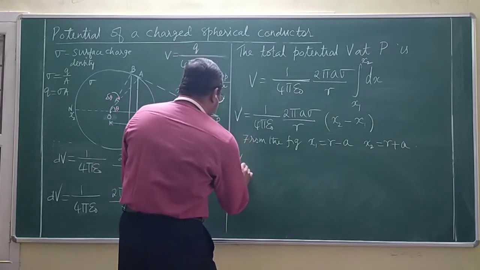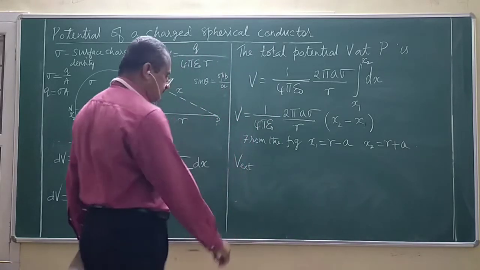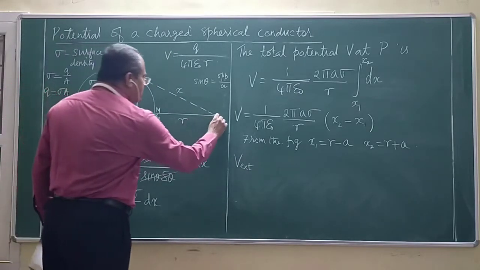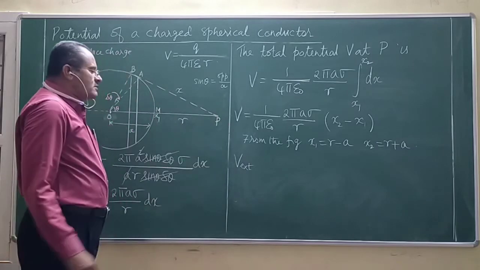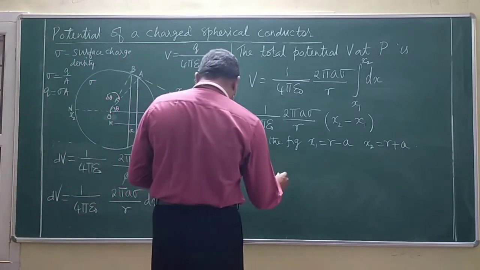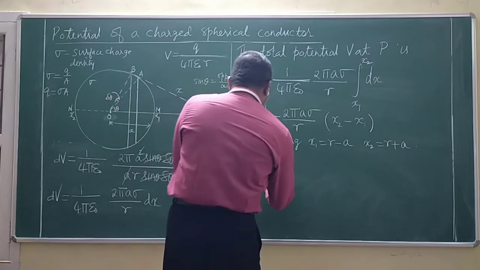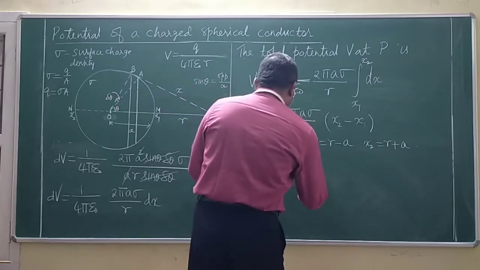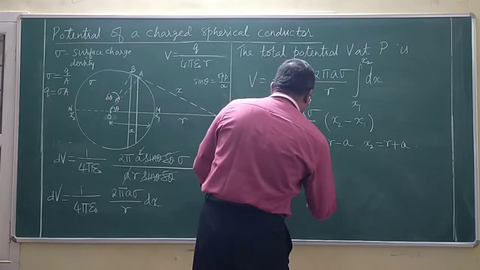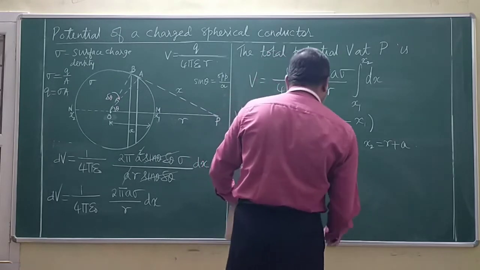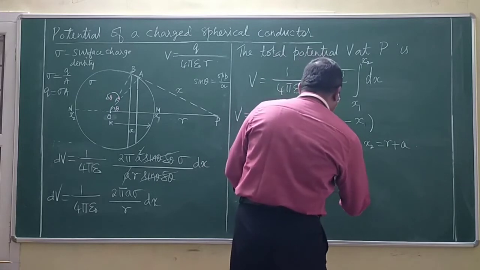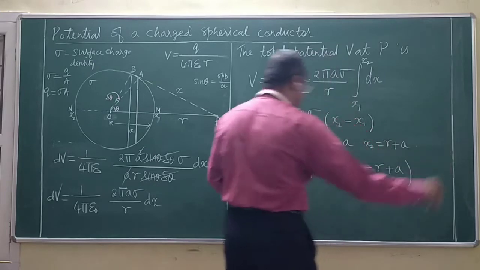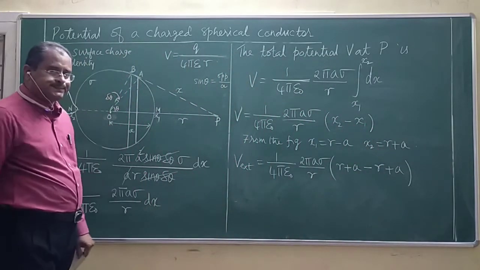Therefore, V external. Why am I calling it external? We are finding out potential at P. Therefore, V external is equal to 1 by 4 pi epsilon naught 2 pi A sigma by R, bracket open, R plus A minus R plus A. Clear?